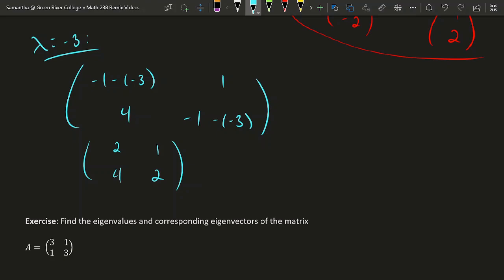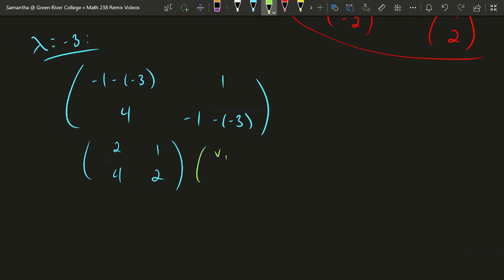Now the procedure is asking me to try and find a vector v1, v2, so that when I multiply this matrix by this vector in green, the result is equal to 0, 0. Any vector v1, v2 that satisfies this equation will be an eigenvector corresponding to -3.